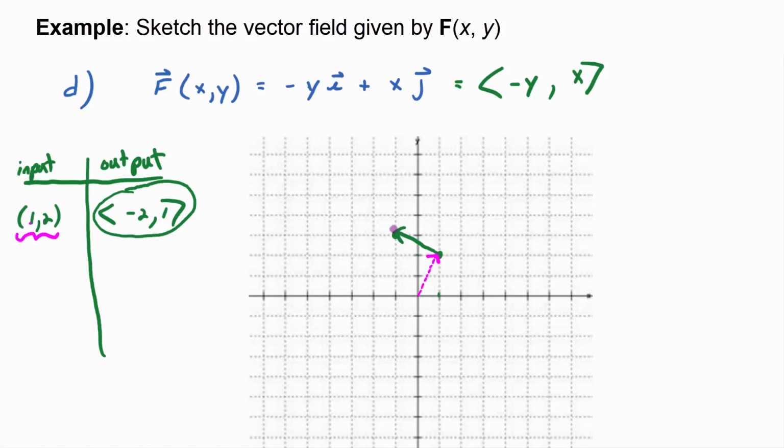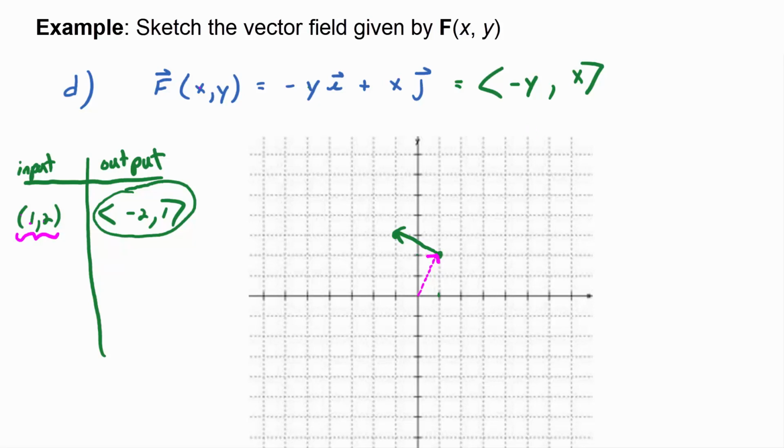What does it look like the relationship is between the input, if you drew that as a vector, which you don't normally do, and the output? It looks like they're perpendicular. And in fact, if you take the dot product of the vector x, y and the vector negative y, x, then you do get 0. And so the input, if you consider it a vector, and the output vector would be perpendicular to each other.